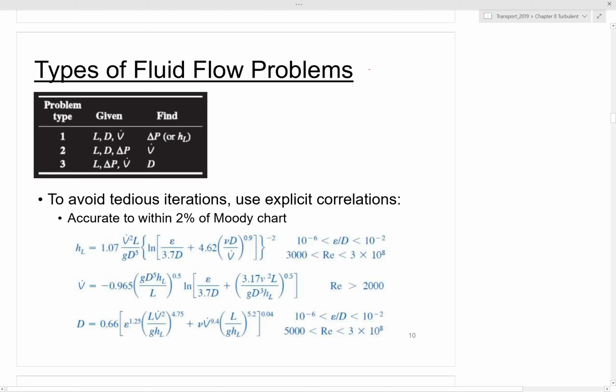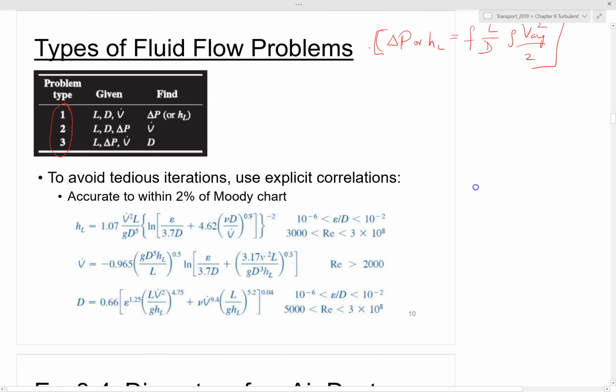There are 3 types of problems you can anticipate here, and essentially the governing equation is what we saw: delta P or head loss is equal to f L over D rho V average squared by 2 for a laminar flow.